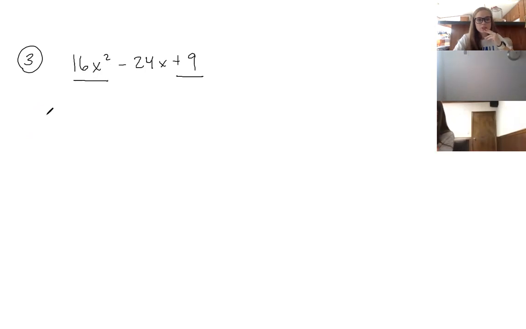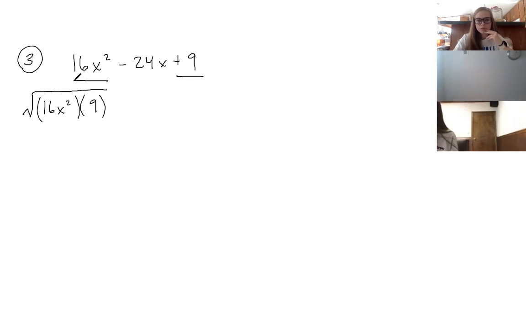Remember, take the first term, multiply it by the last. You take your a value, 16x squared, multiply it by your last term, and then you take the square root of that. Is this ringing a bell?